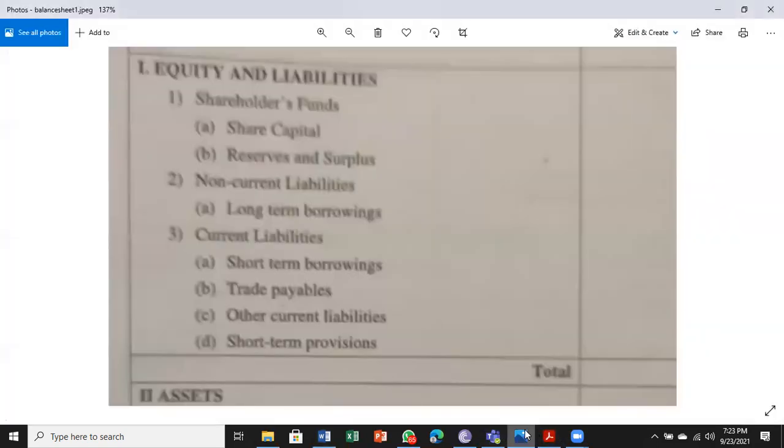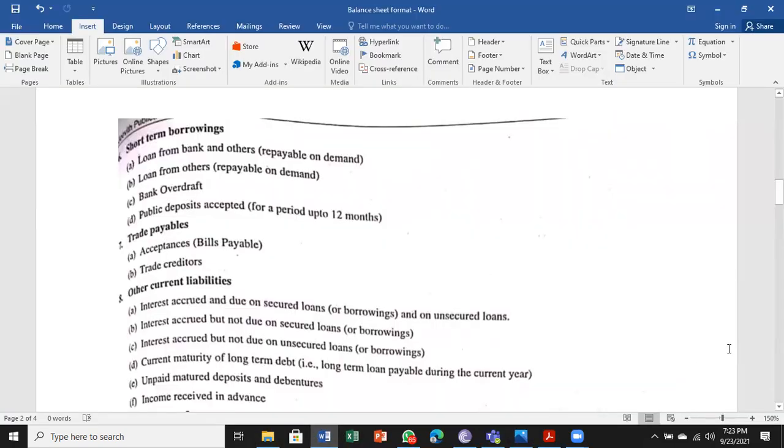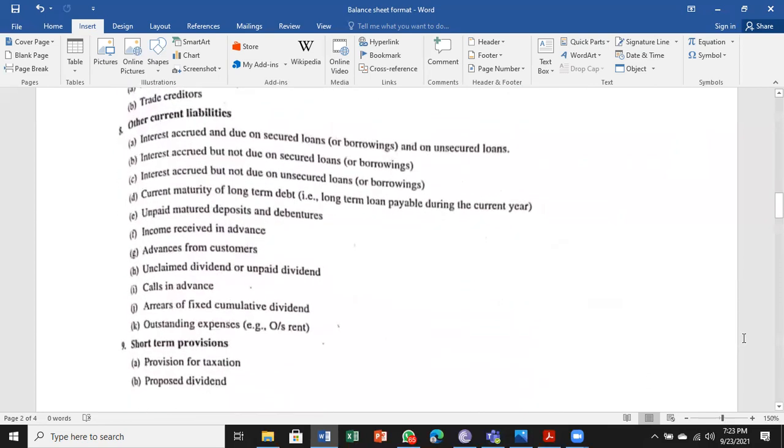The next one is other current liabilities. You can see here, there are many. Like interest payable on loans, borrowings, debentures from anyone, any loan, interest payable. Then income received in advance, advance received from customers.